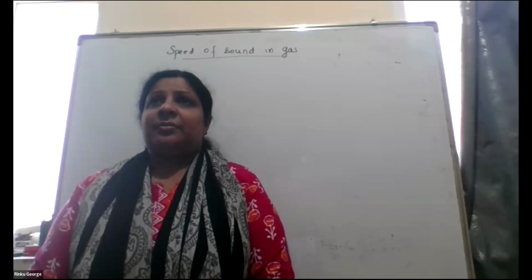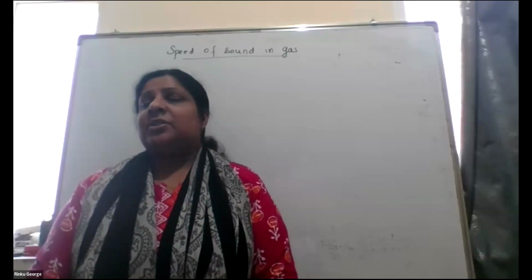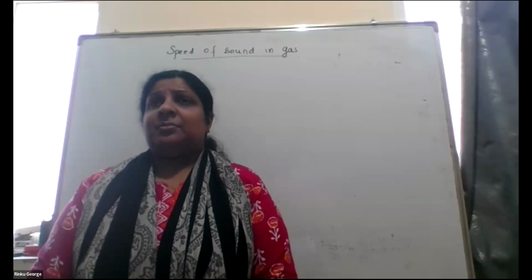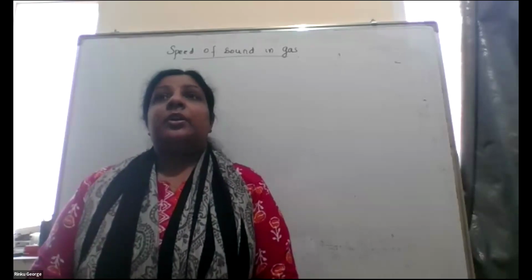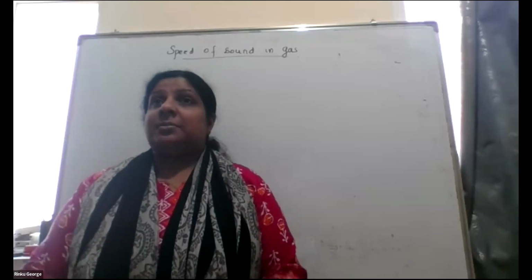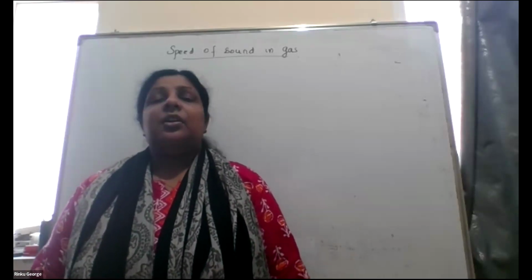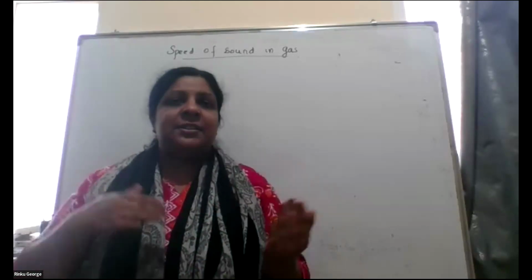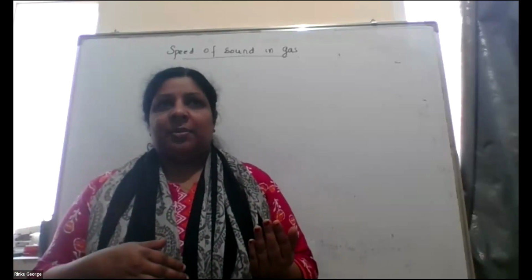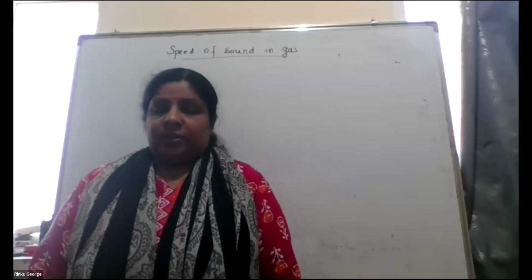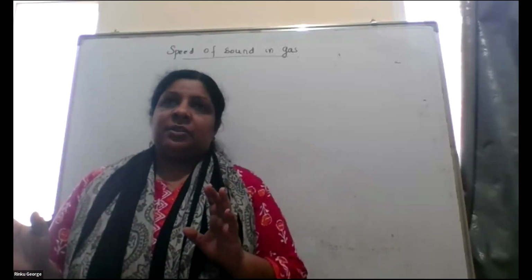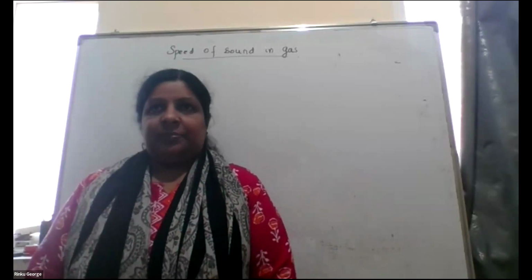Isochoric? Volume remains constant. Isobaric? Pressure remains constant. Adiabatic? No heat exchange, though there is a change in temperature. So different processes are there that we will study in thermodynamics. This chapter is supposed to come after that, so I won't be giving any explanation for that. We will study it anyway.